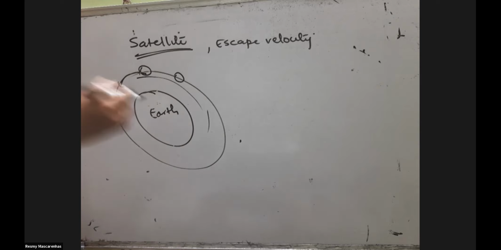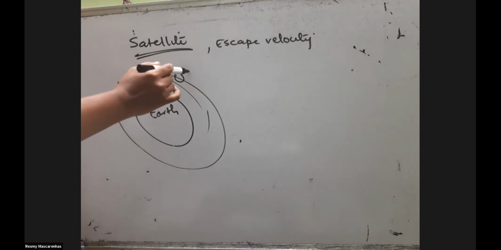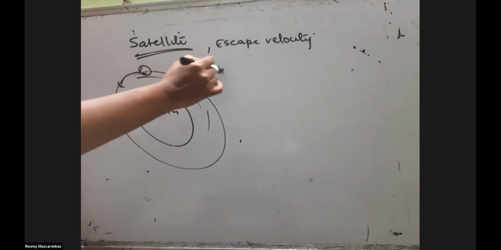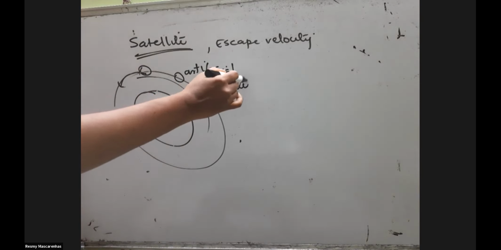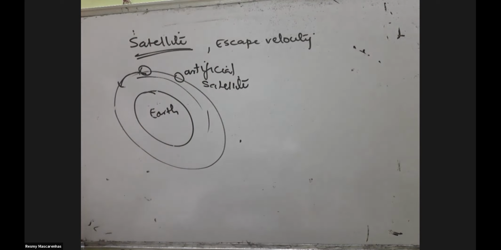Now suppose you want to send an artificial satellite. Obviously we don't just sit on the earth and throw it. To transfer a satellite from the earth to the revolving orbit, we use a rocket.